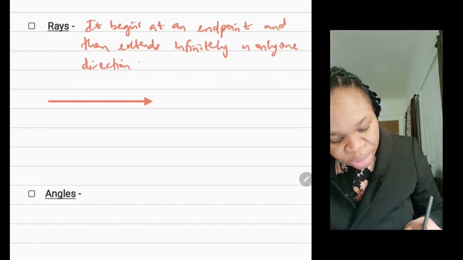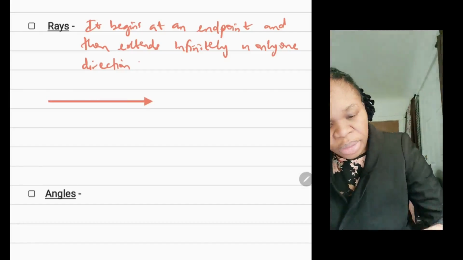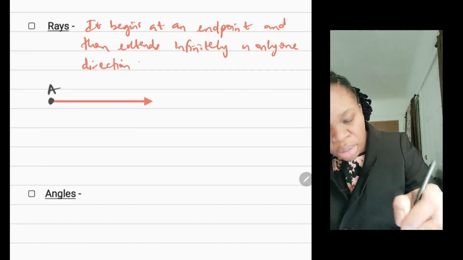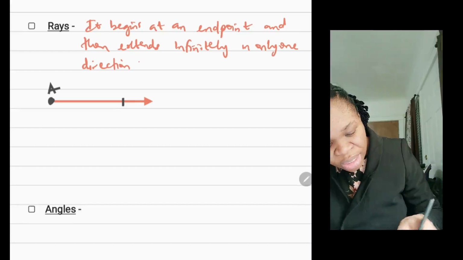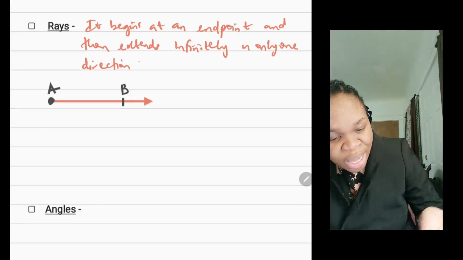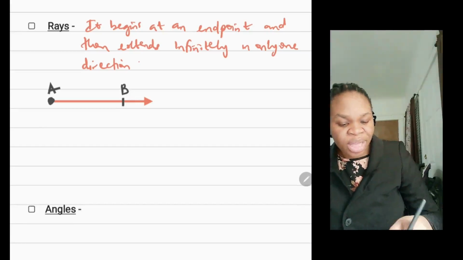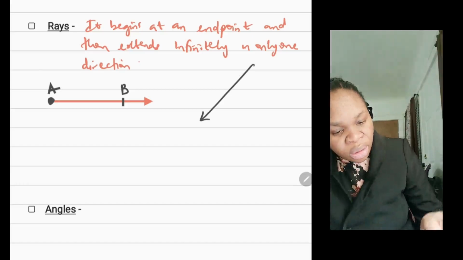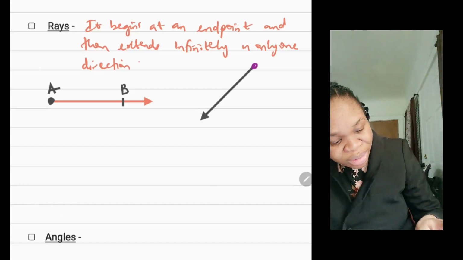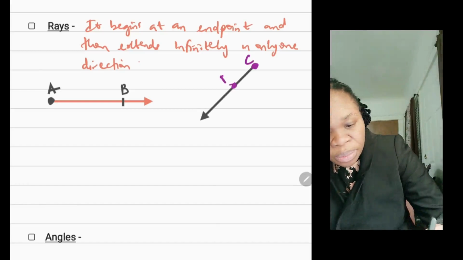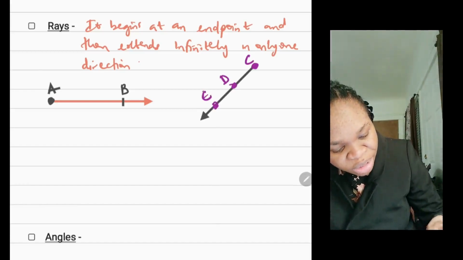So let's say we have this line. This is a ray. It will have an end point, let's say A, then it goes on, and you can have this to be B. This is a ray. It must have an end point. My ray can also be slant, can take any shape. It must have an end point, let's say C, E.